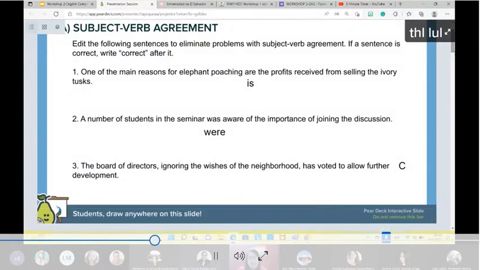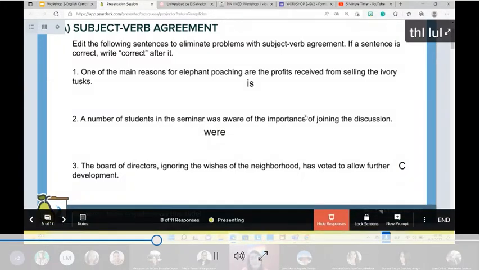A number of students. The students were aware of the importance. B, the board of directors has voted to allow further development. And if you remove the information which is between the commas, your sentence still has a meaning. That is something that we know as a positive.